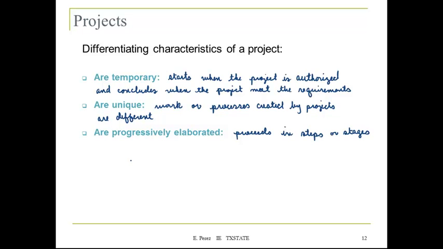Okay, so those are also some characteristics about projects. Now, I know you have heard this word program, program for mission to Mars, program for space shuttle, or program for the healthcare reform, and so on. So what are programs?